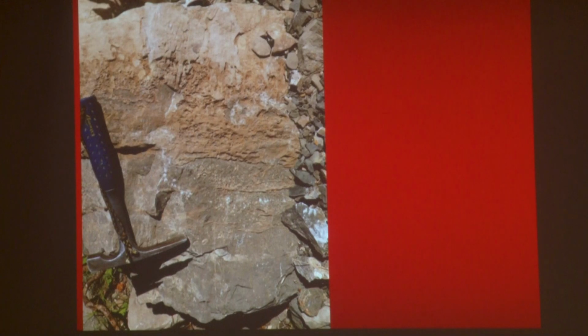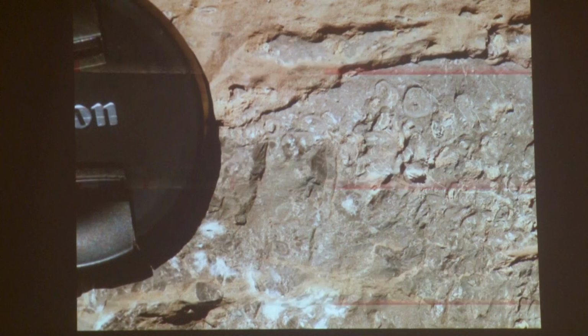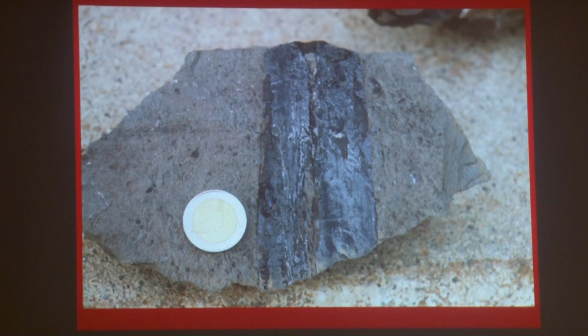Another example of extremely shallow water sedimentation is full of ooids, coated grains, typical for extremely shallow water carbonate production.